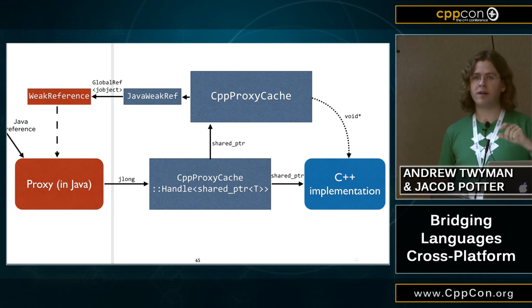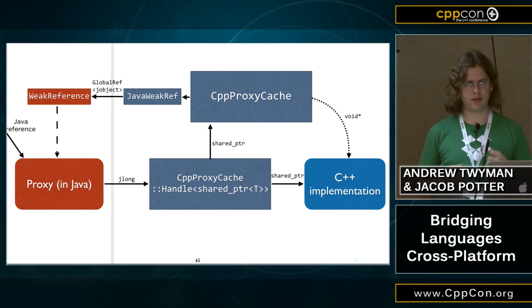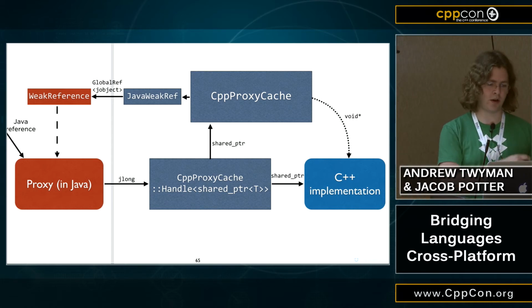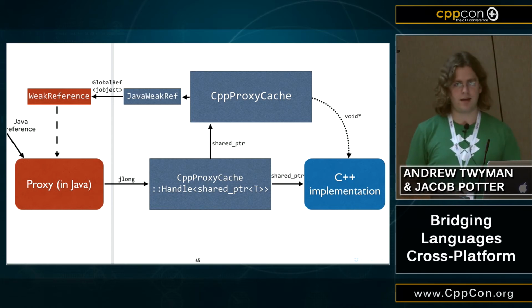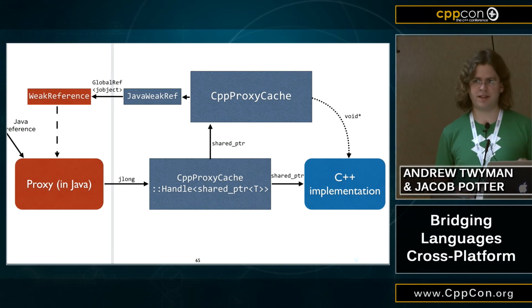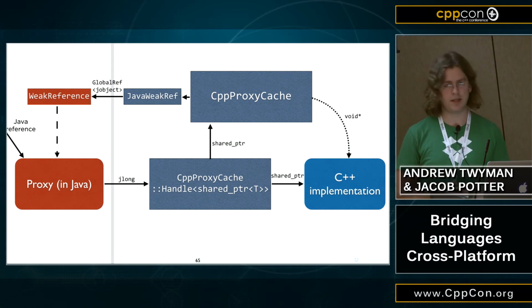The Java weakref up top is a C++ wrapper that we built around a java.lang.ref.WeakReference. And Java's garbage collector runs whenever it runs. It doesn't have the precise reference counting, precise destruction of C++, but that's OK.